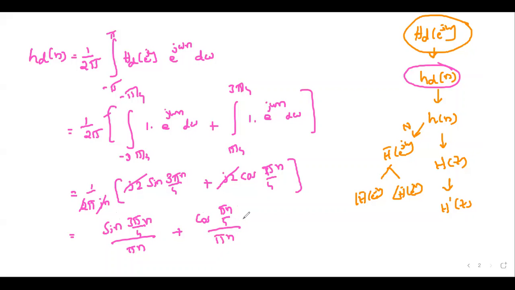How is it cos here? There we got e power minus pi by 4 jn minus e power pi by 4 jn. Then it is minus, no? So sine, right?